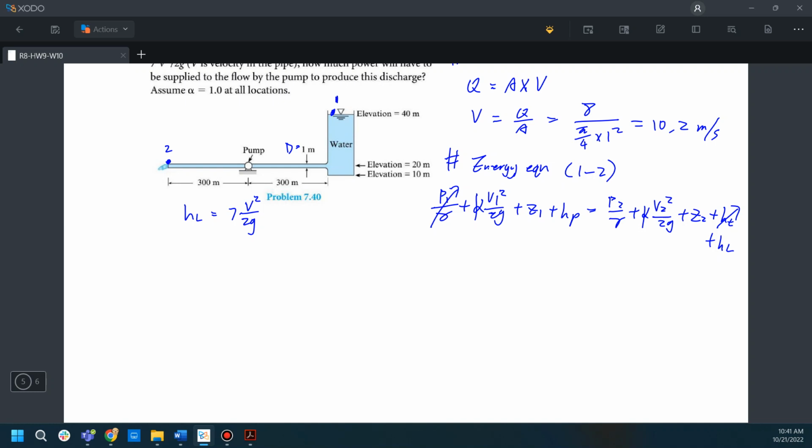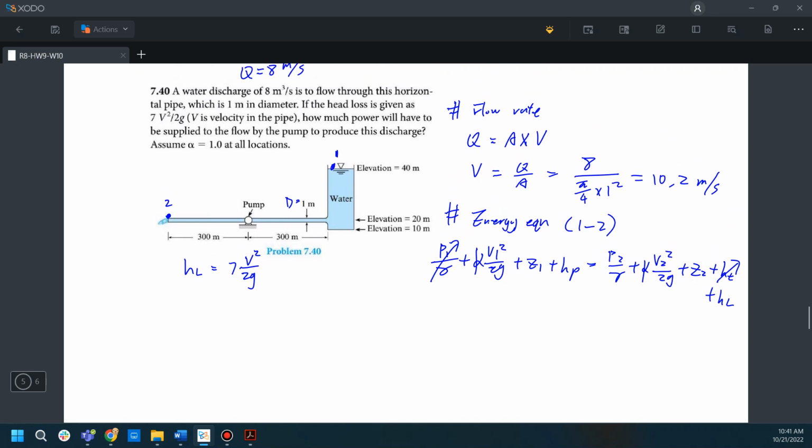And the pump is the thing that we try to solve, and we don't have the velocity term for the surface, right? And point 2 is also open to the atmosphere, so P2 is equal to 0.